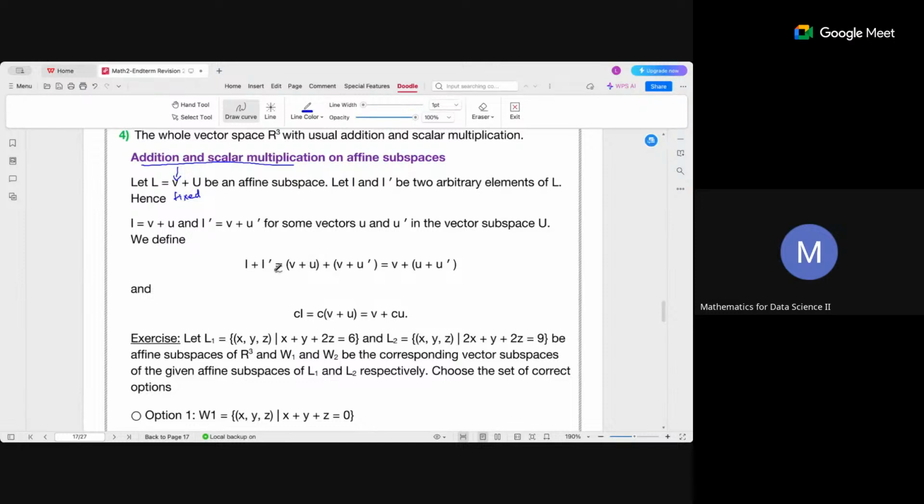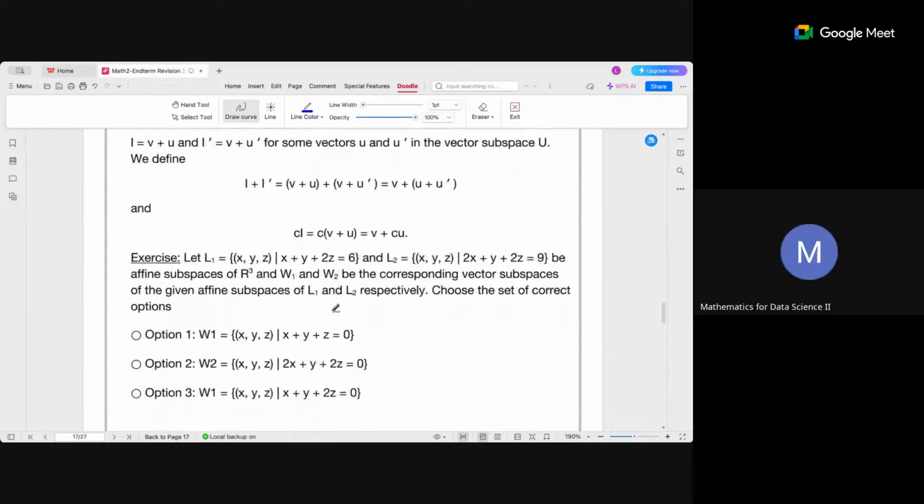Then L plus L dash is nothing but V, which you keep fixed, plus U plus U dash. You do the addition only for the subspace part. Same way, you keep the V fixed and do the scalar multiplication only for the subspace part. So addition and scalar multiplication on affine spaces, is that clear? Yes, ma'am.